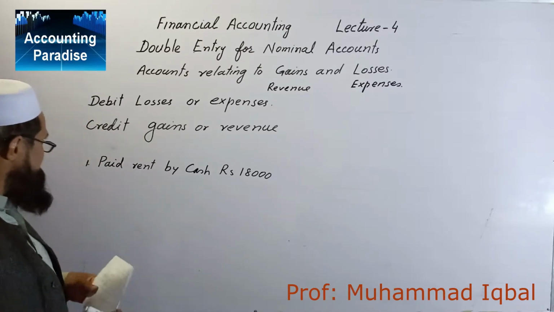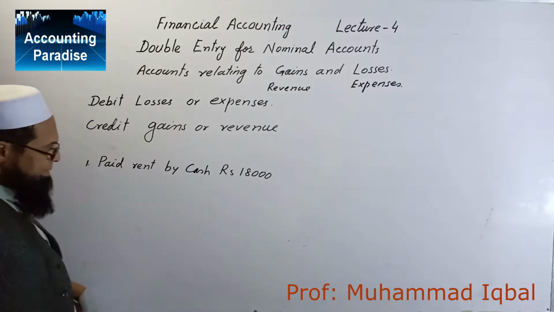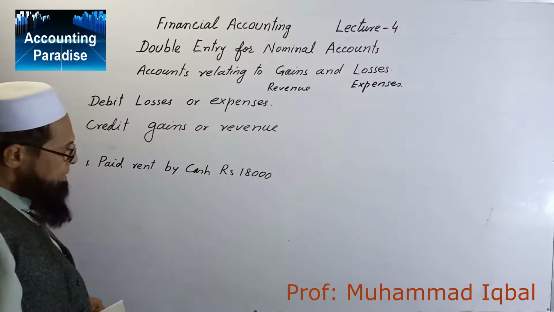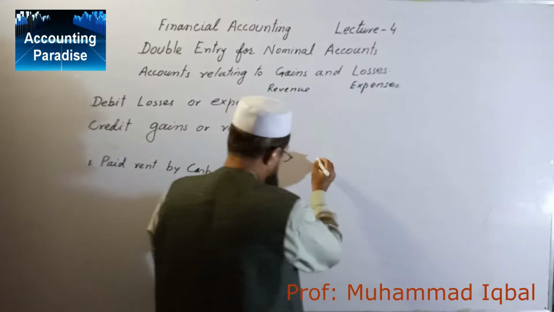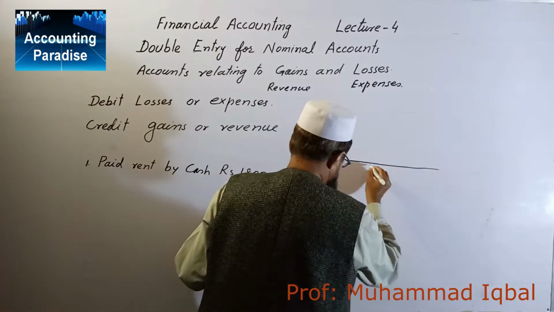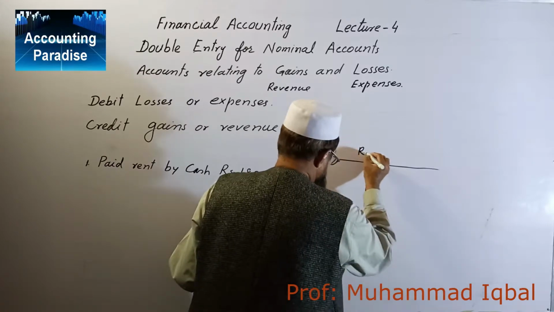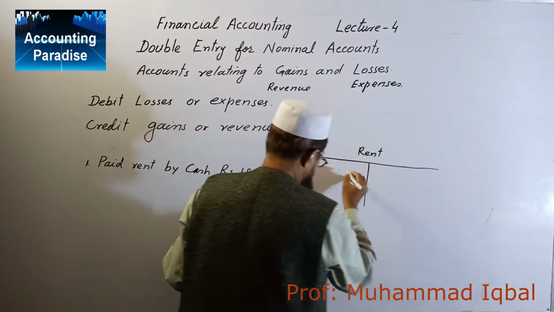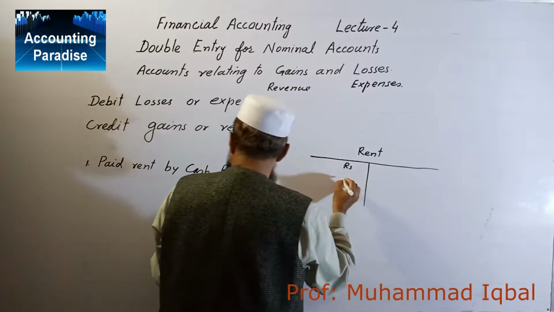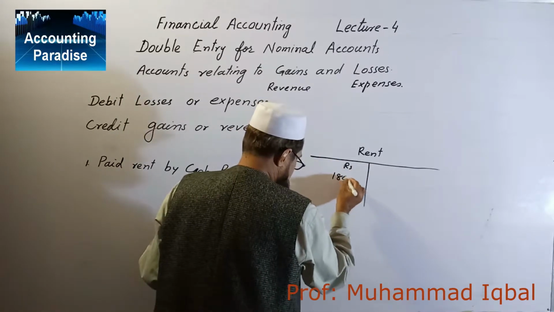For example, paid rent by cash. The entry will be rent rupees 18,000.